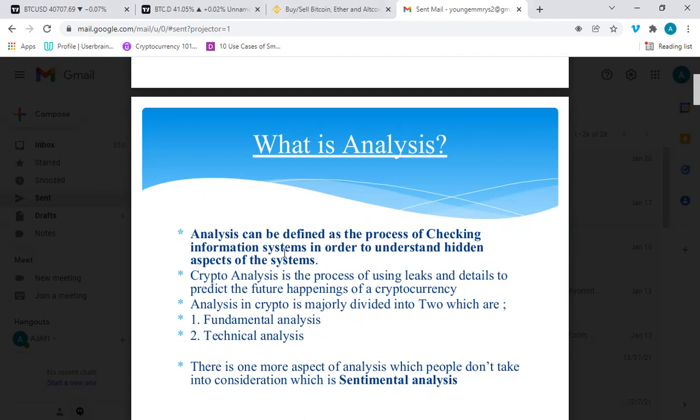So let me now define crypto analysis. Crypto analysis is the process of using links and details to predict the future happening of a cryptocurrency. That is, you use it to check, okay, in the next minute, or next one minute can be the future.